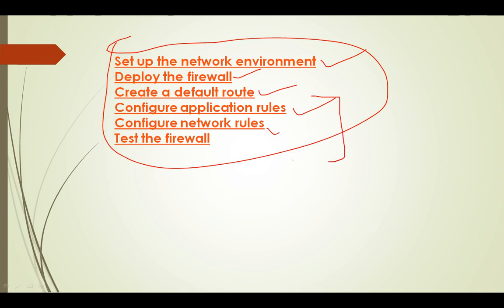This firewall works on the basis of two rules. Application rules: if you want to block any host name or fully qualified domain name website, you can block it with the help of this. And a network rule allows communication between two subnets. I will show you what that means and you will understand at the end. And we will test the firewall. This is what I have covered in this video.